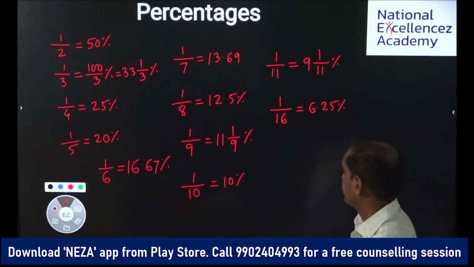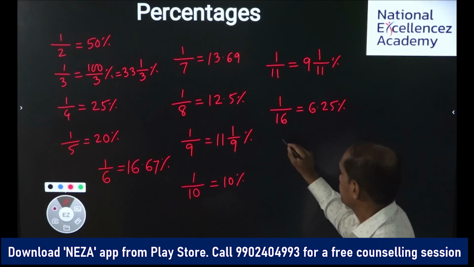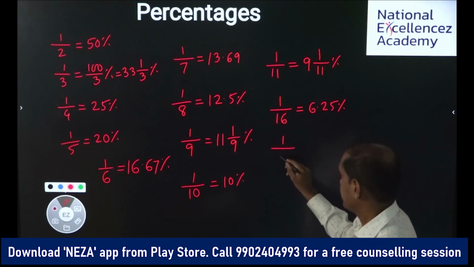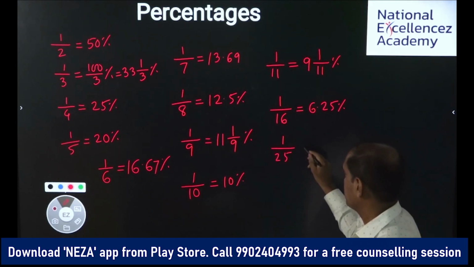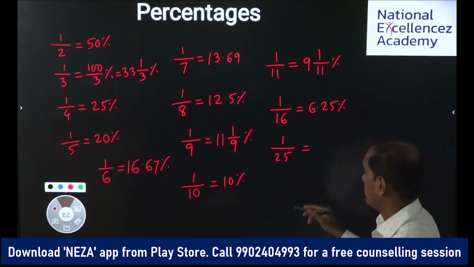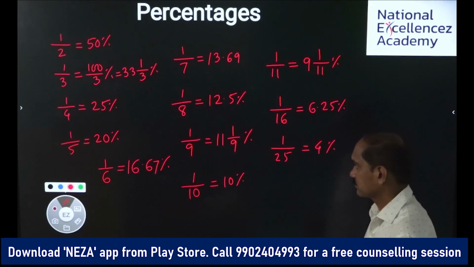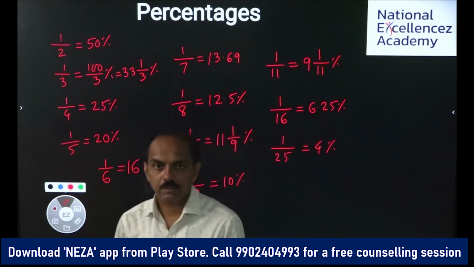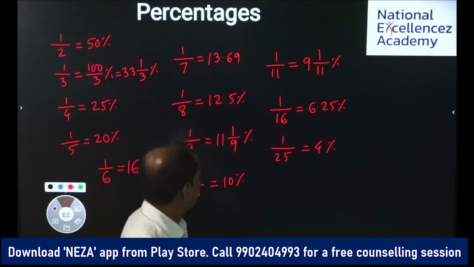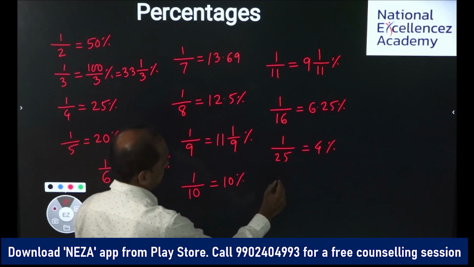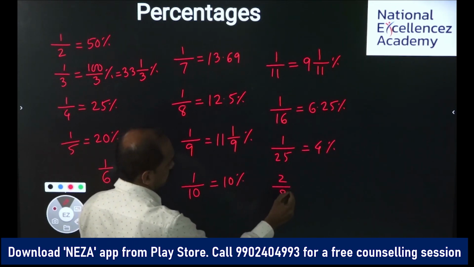And same way, 1 by say 25. 1 by 25 will be how much? Just 4%.